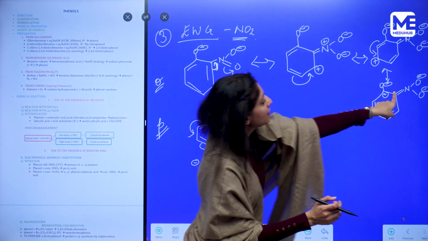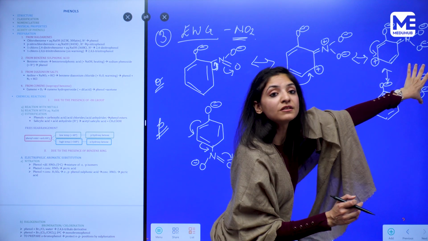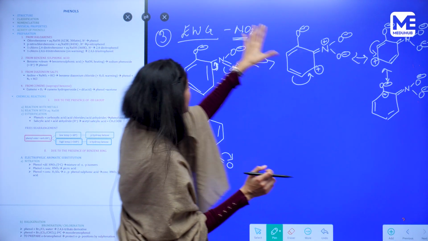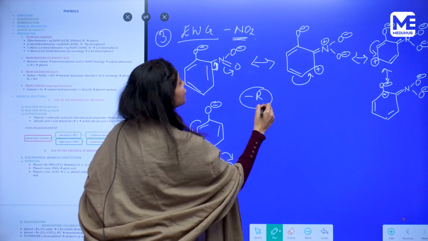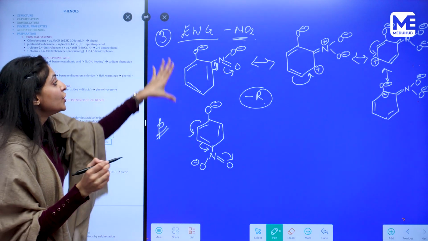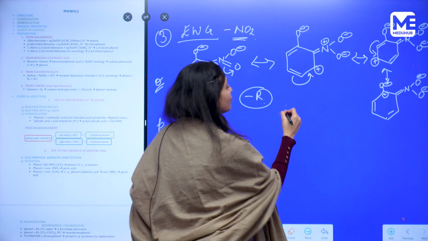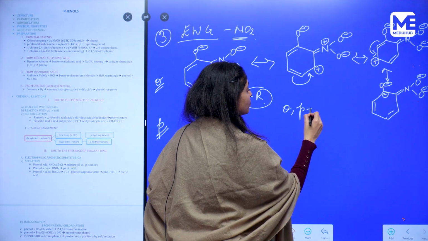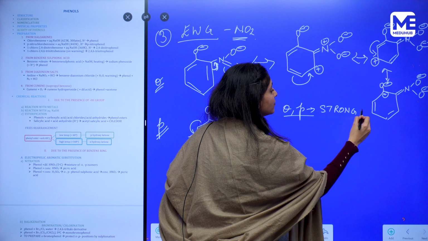Do you see? And from this carbon also, all the electron density is pulled towards this nitro group. So because of the minus R effect of these electron withdrawing groups like NO2, you will see that the phenoxide ion is getting stabilized. So both the ortho and para isomers are stronger acids than this.